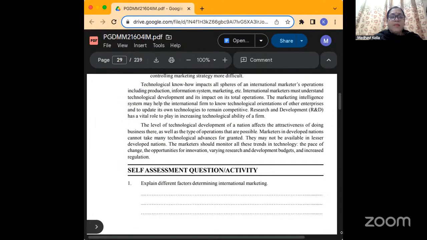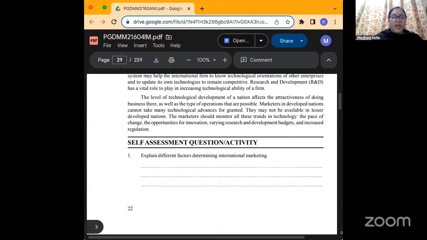At the same time, a lot of R&D has to be done to understand that there is a lot of technological advancement and alignment. It's not the advancement only, it is also the alignment to the host country that is to be considered. So, the level of technological development of a nation affects the attractiveness of doing business.